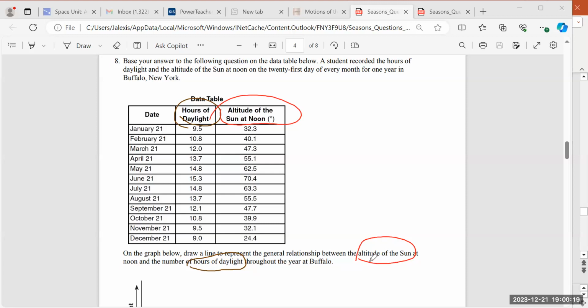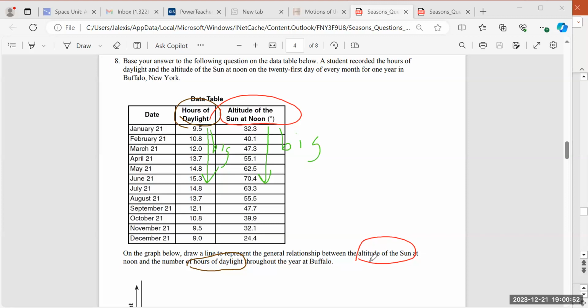So let's take a look. One thing I noticed, right? As the numbers are getting bigger, right around here, what's happening to the altitude of the sun at noon? It looks like it's also getting bigger, right? So far, I see that when the hours are getting bigger, so are the numbers, they're getting bigger.